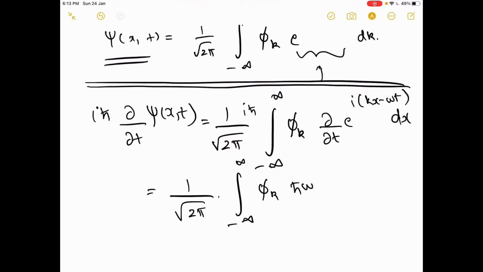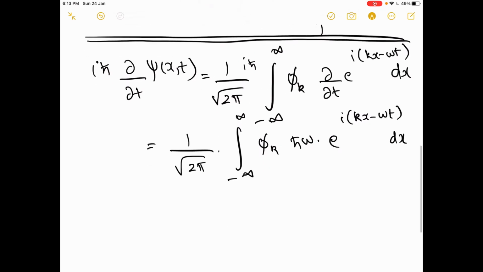h cross omega e power i(kx minus omega t). And we know from our previous experiences h cross omega is a unit of energy, right? It's E. So i h cross dou by dou t is an operator, so this is basically E times psi, right?